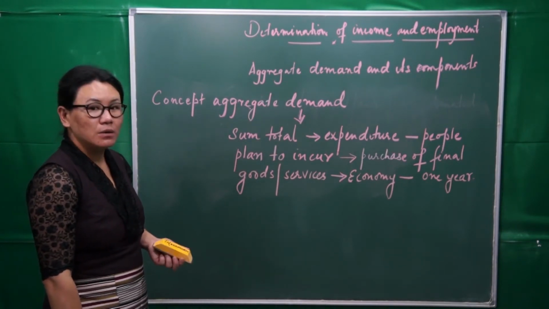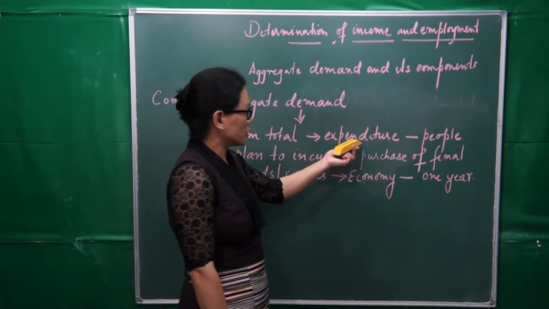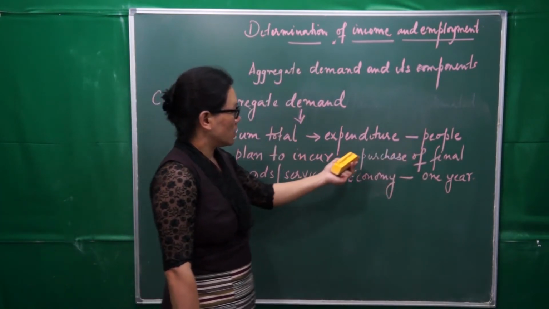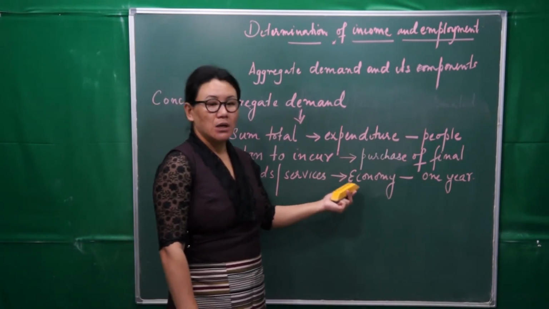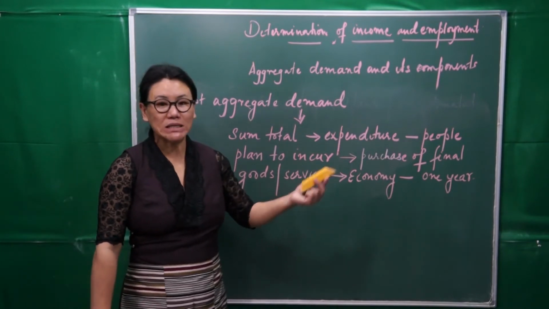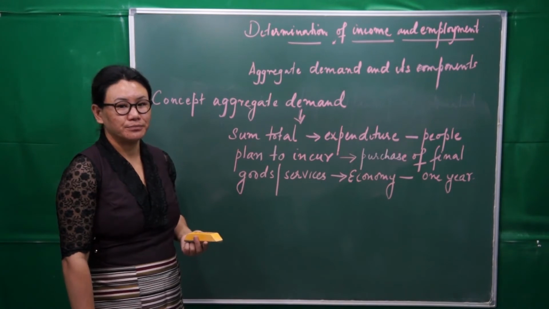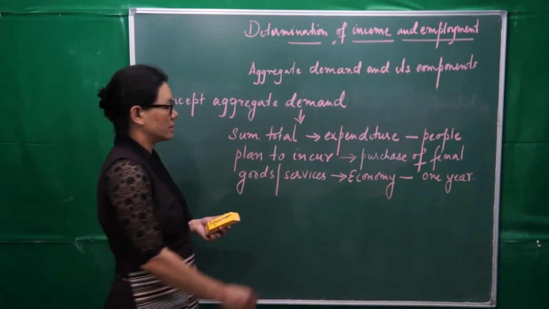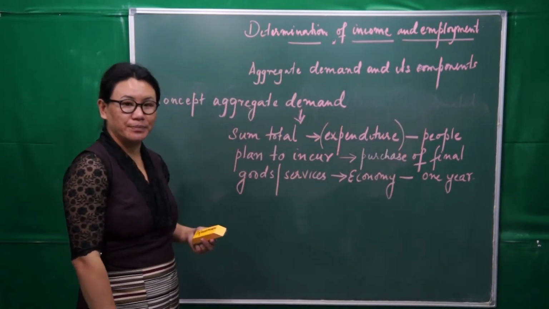So see here what is given. It is the sum total of expenditure that people plan to incur on the purchase of final goods and services that has been produced in an economy during 1 year is called as aggregate demand. Now look at this. What is given here? Expenditure, right?